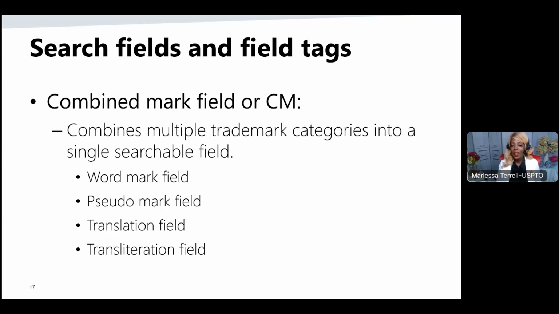Pseudo marks provide an additional search tool for locating marks that contain an intentionally altered spelling of a normal English word. But please, here's a hint. Do not rely on our staff to create a pseudo mark for every misspelled term. Do your best to conduct a search designed to find exact matches and also marks that are considered phonetic equivalents.